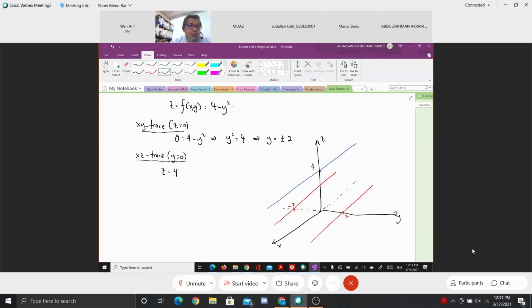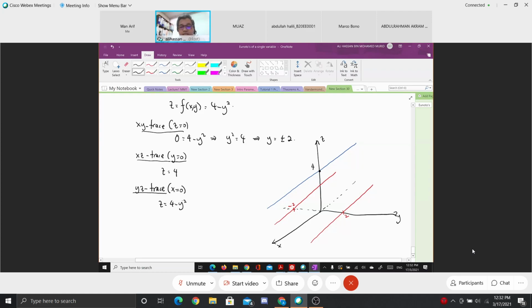Independent of x. Then finally, we have the yz trace, which means x equal to 0, right? There's no x to substitute, so it is just simply z equal to 4 minus y squared.